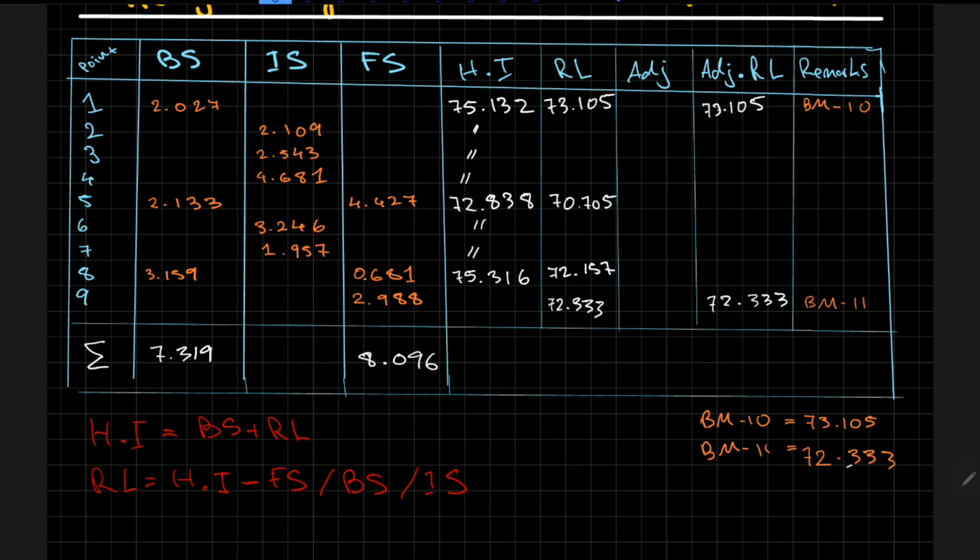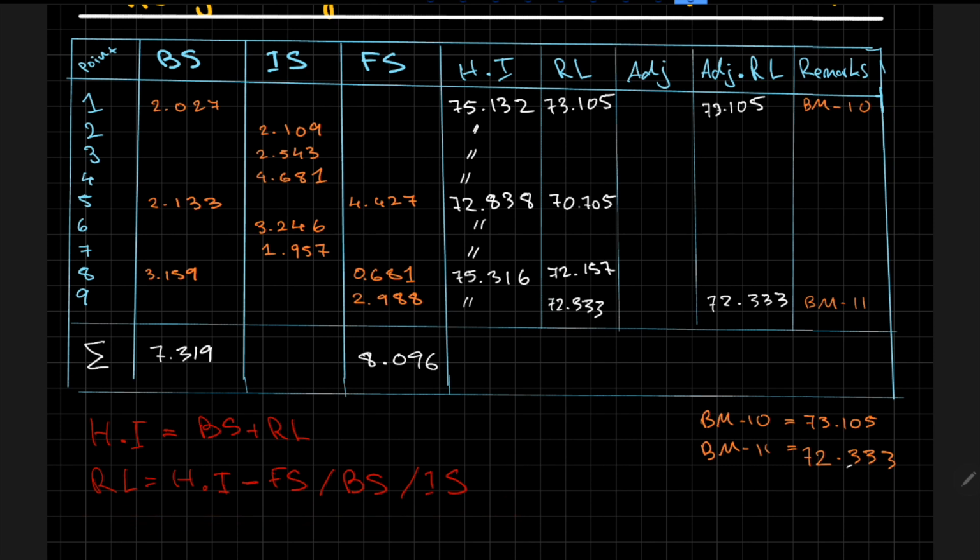Okay. Now once again, this is the same setup, backside, foresight. So we can once again assume this one remains the same. Okay, now we have the height of instruments. Now we are able to calculate all the values for the reduced level table. Once again, we can refer back to this important rule. Reduced level equals height of instrument minus foresight slash backside slash intermediate side.